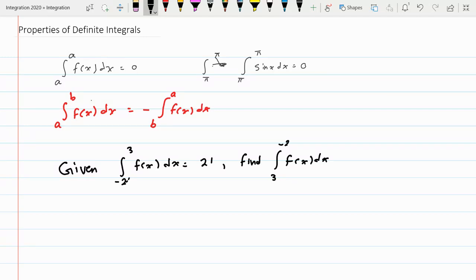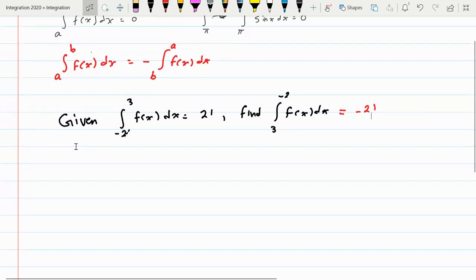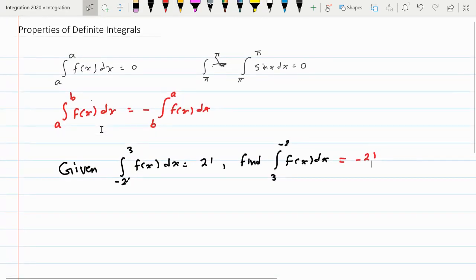As we just said from the previous property, from -2 to 3 the integral is 21, so from 3 to -2, the integral will be the opposite of that number, which is -21. These are the first two properties for definite integrals.